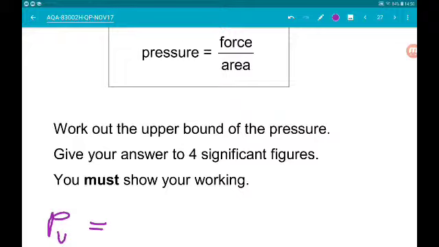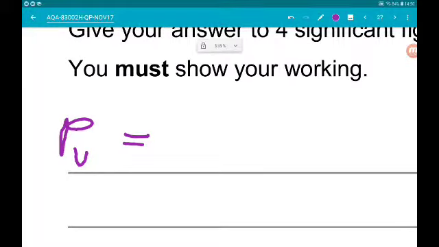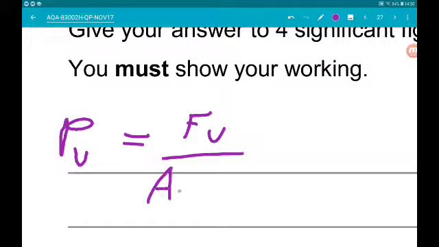So we want force upper divided by area lower. So the upper bound of the force divided by the lower bound of the area. So the greatest possible force divided by the lowest possible area.